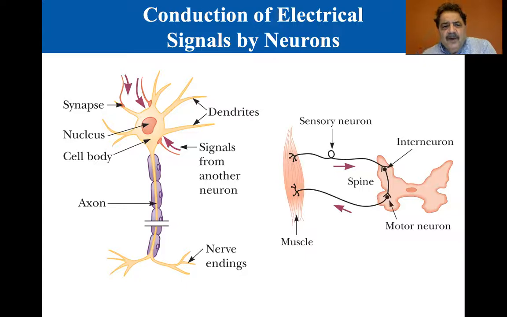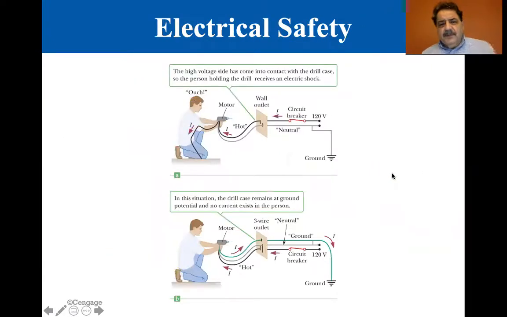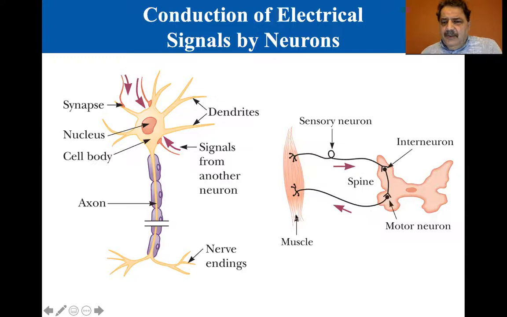Signals from another neuron come in on the side there. And then here it's kind of a circuit. A sensory neuron goes to the spine, an interneuron, a motor neuron, and then back to the muscle. So it senses something and reacts and feeds the muscle.